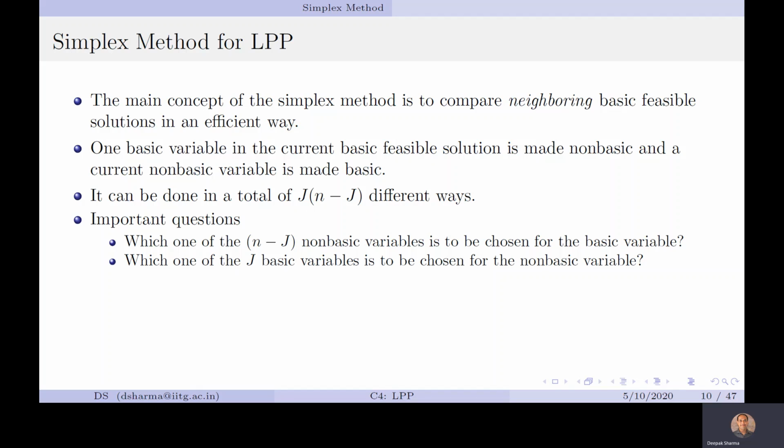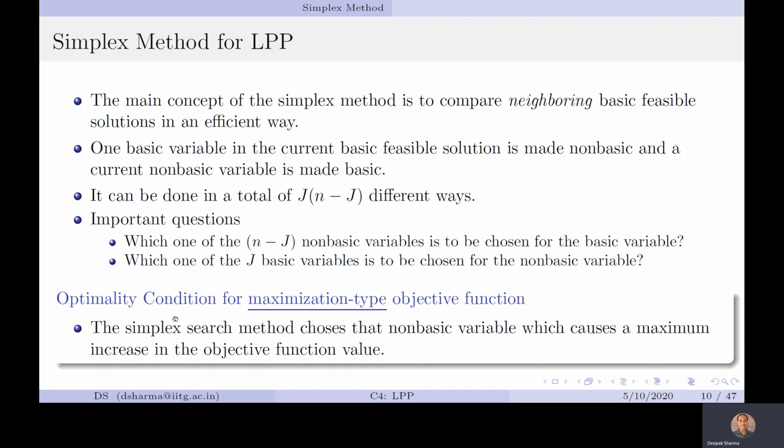Now the question is, if we are converting basic to non-basic and non-basic to basic, which of the non-basic variables is to be chosen to become basic? Similarly, which of the basic variables is to be chosen to become non-basic? The answer to this question is that we have two conditions in the simplex method. First is called the optimality condition, as I mentioned here, for a maximization type of objective.